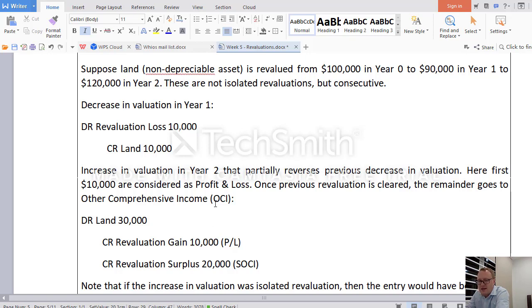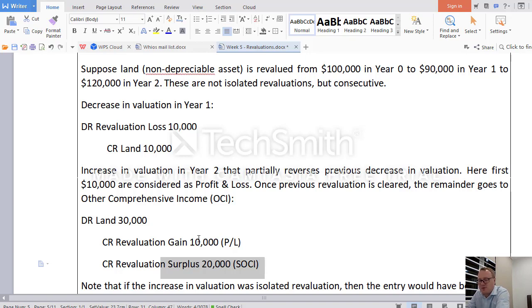The genuine increase would be from 100 to 120. What do we do with a genuine increase? As always, any genuine appreciations or upward revaluations, any genuine gains are not put in the income statement. They are put in SOCI. So this genuine one from 100 to 120 is not put in the income statement. It is put in other comprehensive income.